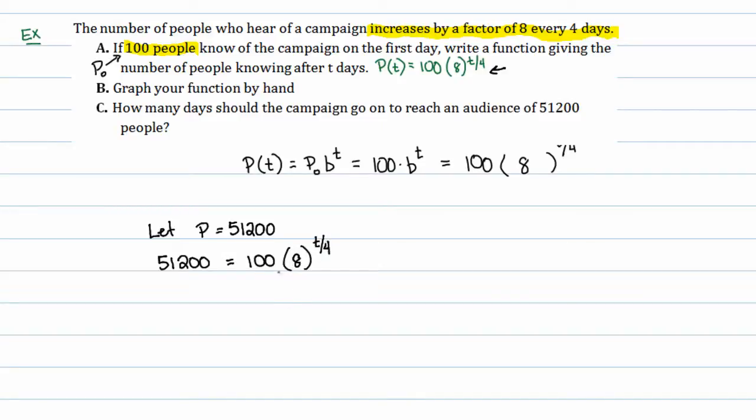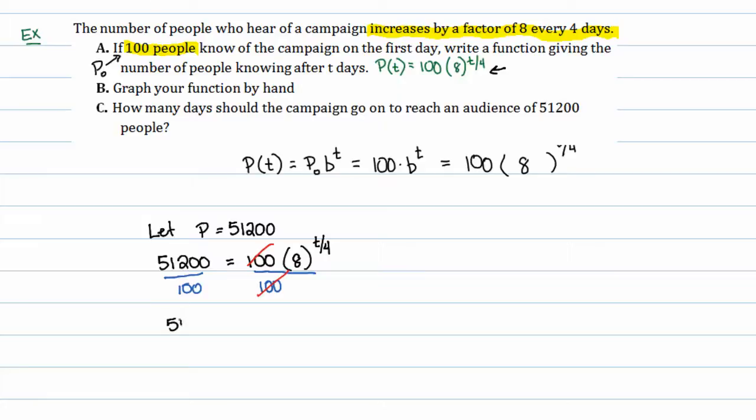And you might think, I can't do this because I don't know how to do this. Well, divide both sides by 100 first. Start easy. Start with just these simplifications. 100 over 100 is 1, and of course 51,200 over 100 is just 512. So let me go ahead and write that in.